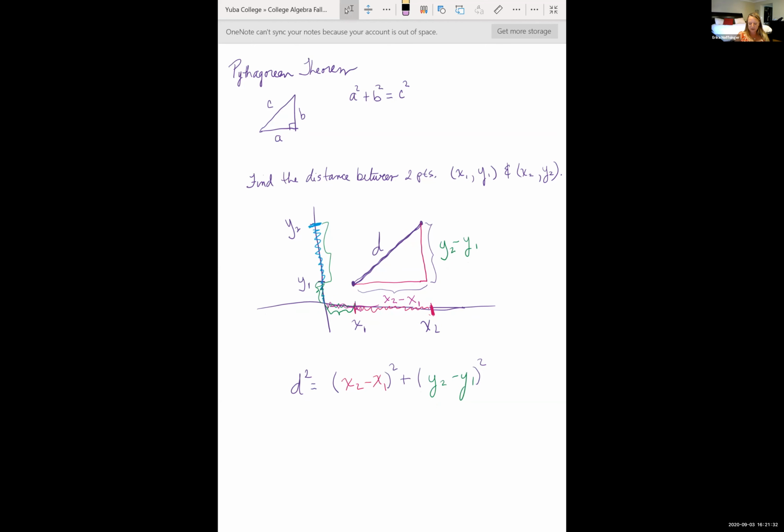So the square root of d squared is equal to the square root of the difference of our x values, x2 minus x1, quantity squared, plus the difference of my y values, y2 minus y1, and that quantity is squared.